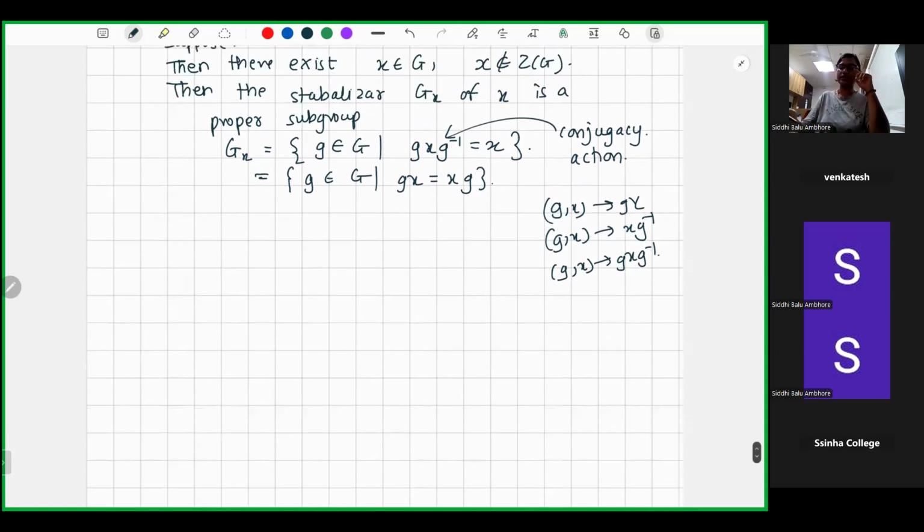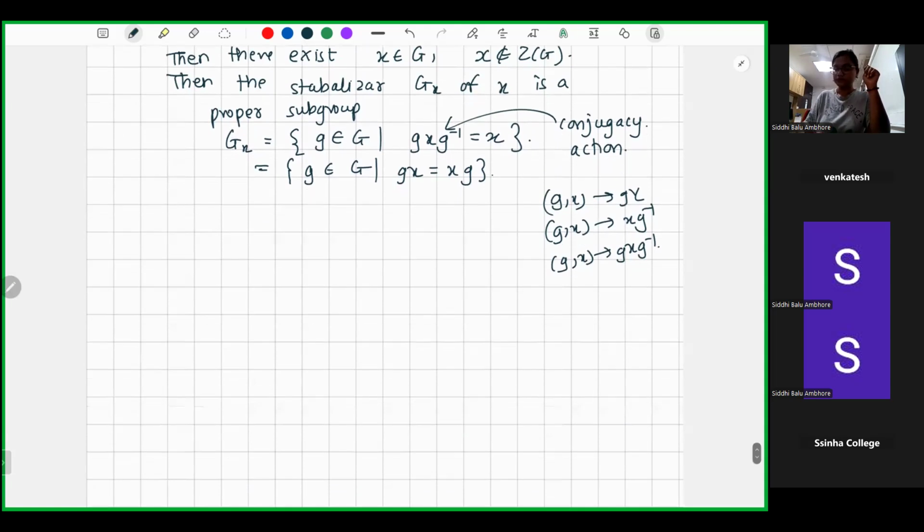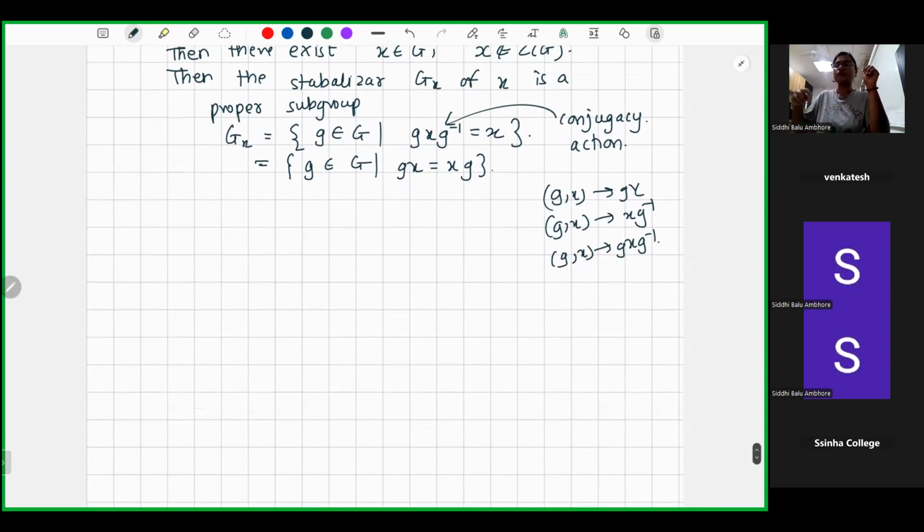So this is a stabilizer of x, and this is now a proper subgroup. We also proved this last week that the stabilizer of any element is a subgroup in G.